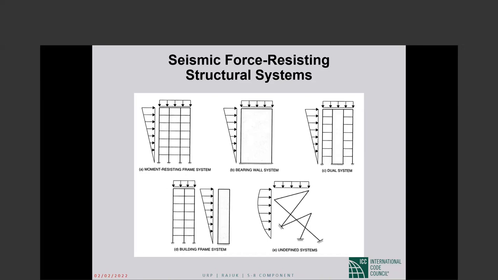You cannot decide as an engineer that for your dual system building, you will design the shear walls for 60% of the lateral loads and the frames for 40%. That is not your decision. The structure gets to decide.